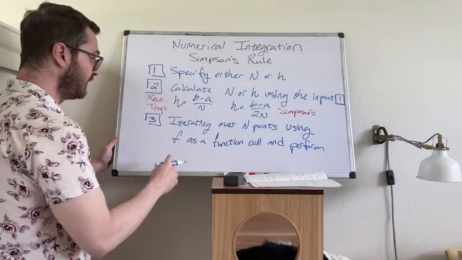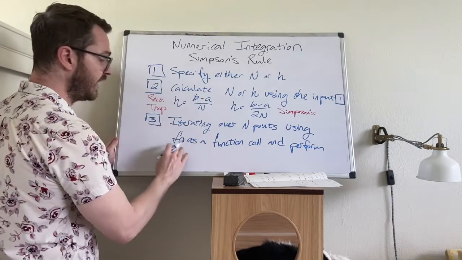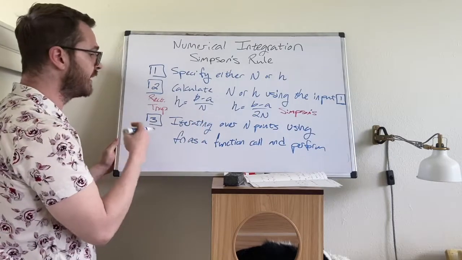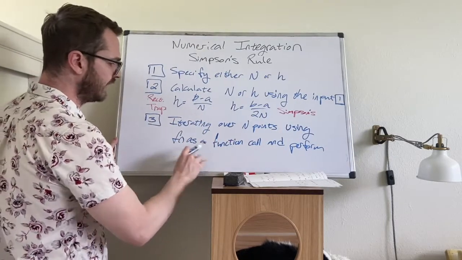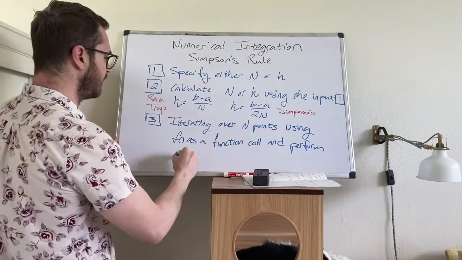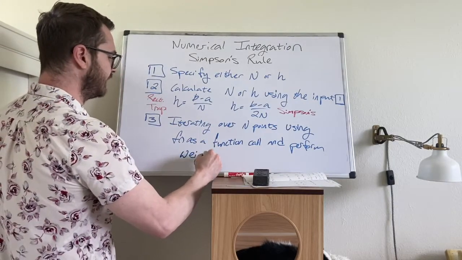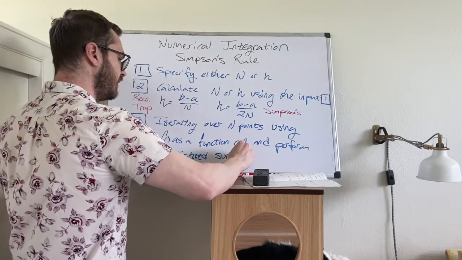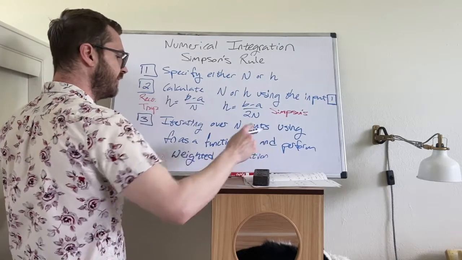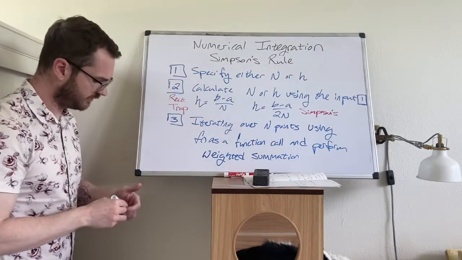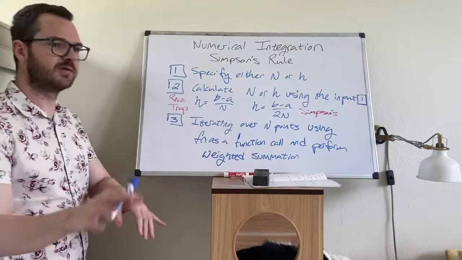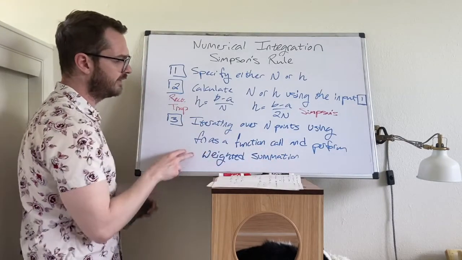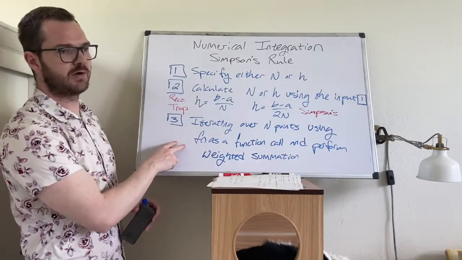It's the last step, though. We're going to use f as a function call, right? You just feed values into it, you get numbers back. And what we want to perform is not just a summation, we want to perform a weighted summation. All I mean by a weighted summation is, if you go back and look at the equations we derived, it was 1 of these plus 4 of these plus 2 of these, etc. So it ends up being a weighted summation of these function calls.